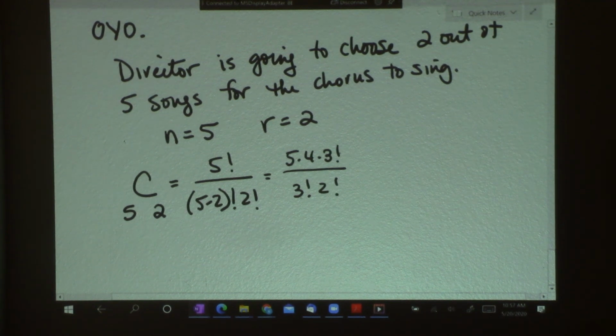Now, why would I stop at 3? Because down here I can see that 5 minus 2 is 3, so I can just cross these out. And then the 4 and the 2 will cancel out because that's 2 times 1, right? Those all cancel out. That becomes 2, so 5 times 2 is 10.